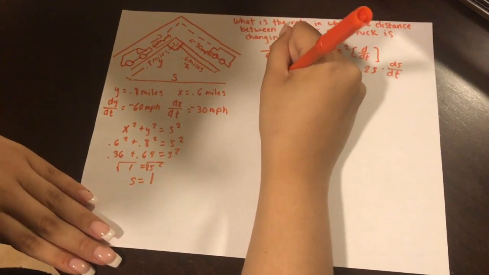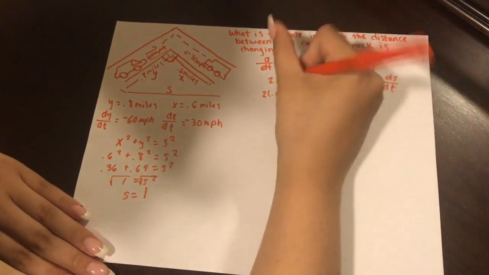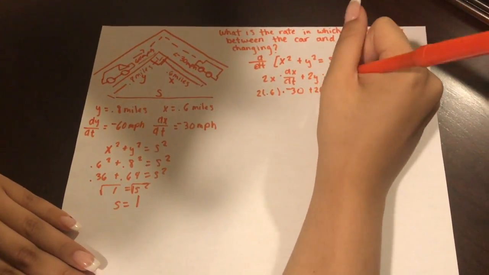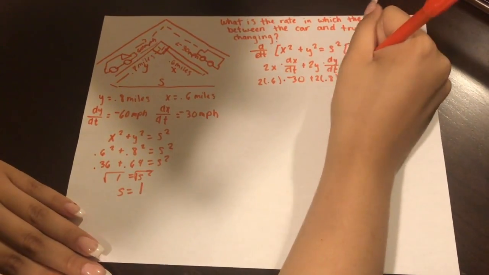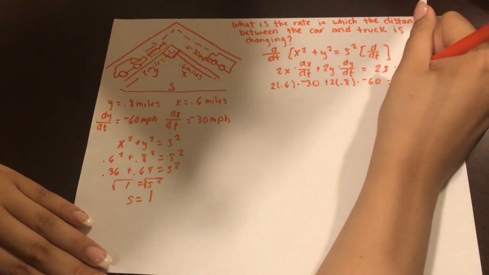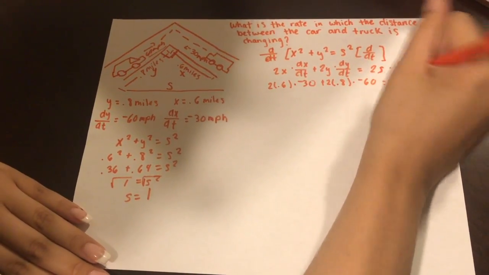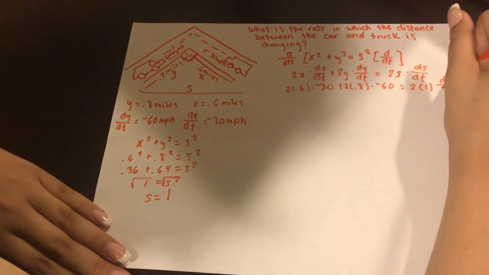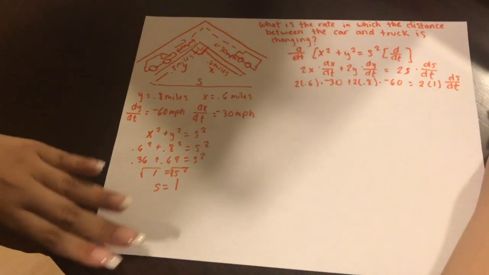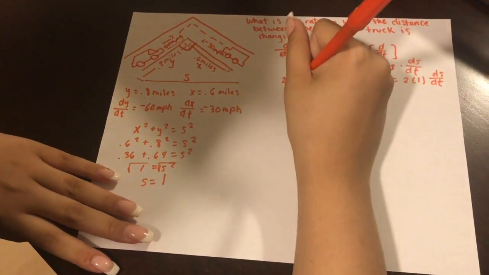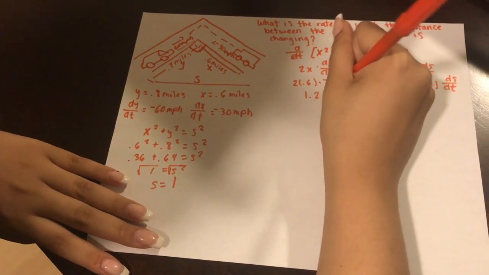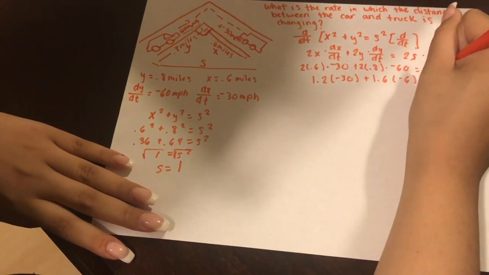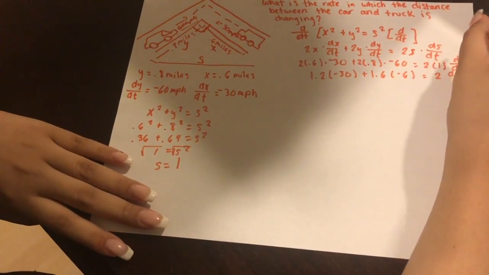So 2 times 0.6, because x is 0.6, times negative 30, plus 2 times 0.8, because y is 0.8, times negative 60, will equal 2 times 1, because s is now 1, and we are solving for the rate of change of s with respect to time. So when we solve, it will be 1.2 times negative 30 plus 1.6 times negative 60 equals 2 ds over dt.